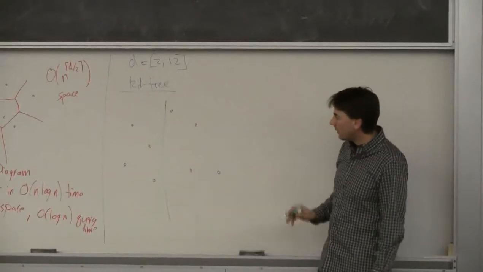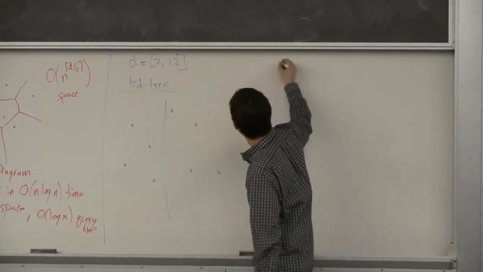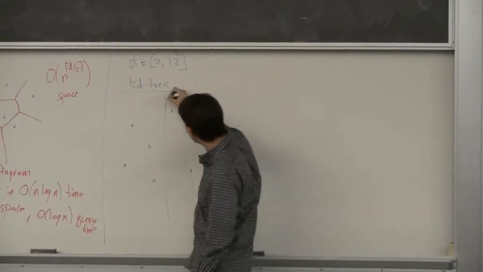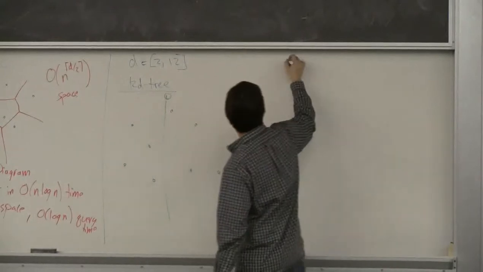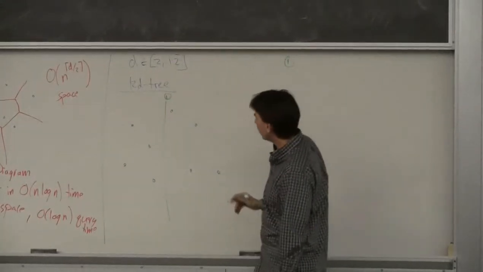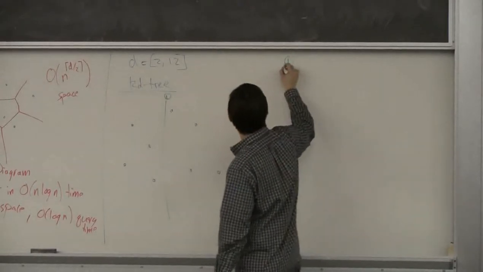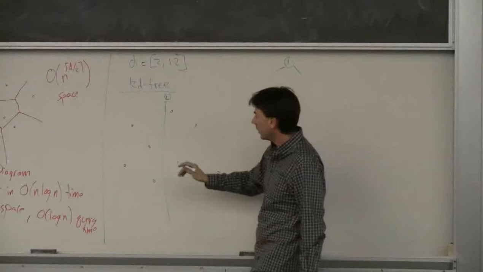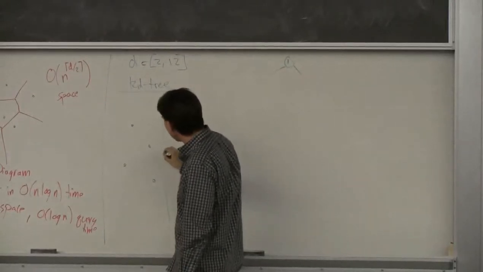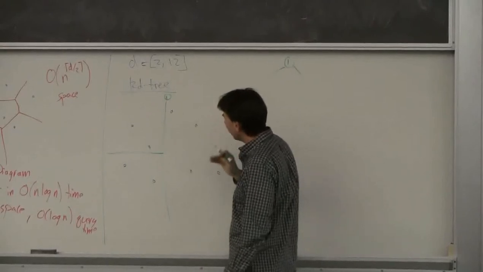And this will correspond with, I'm going to call this node 1, and this will be a 1 in some data structure as well. Then on each of the two halves of the points, I have two subtrees here, and in each of these I'm going to split the points.